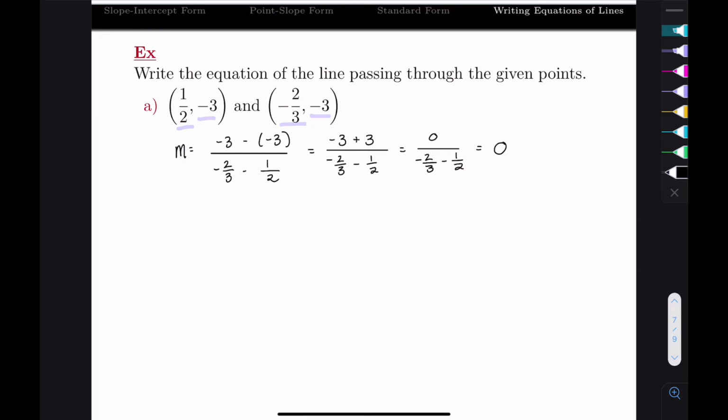So at this point, maybe you can remember from our previous sections, if we have a slope of 0, that tells us there's no rise at all. So this indicates that it's a horizontal line. So it should be the equation y equals some number. But maybe you didn't recognize that.